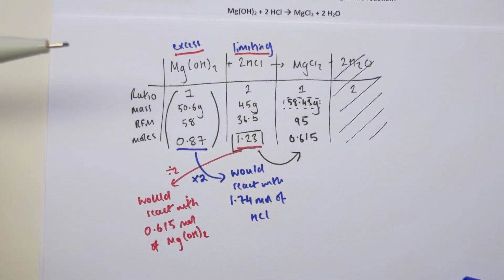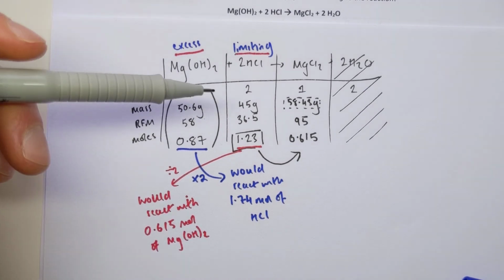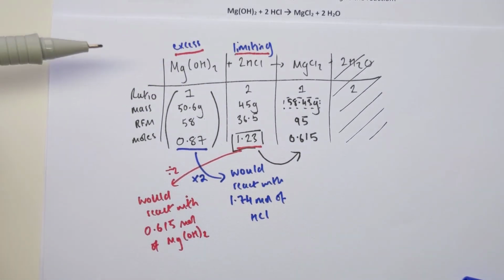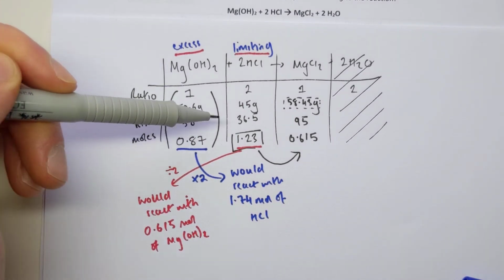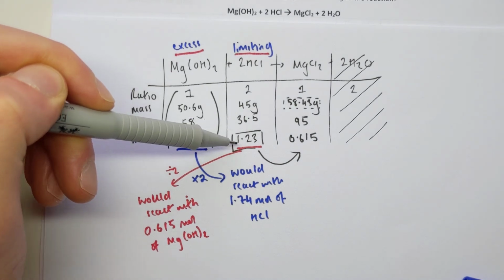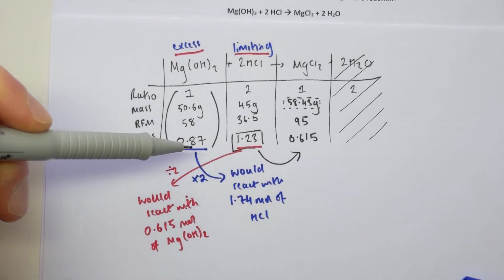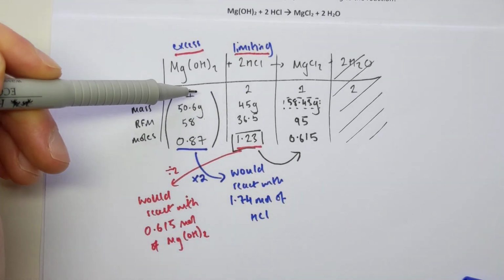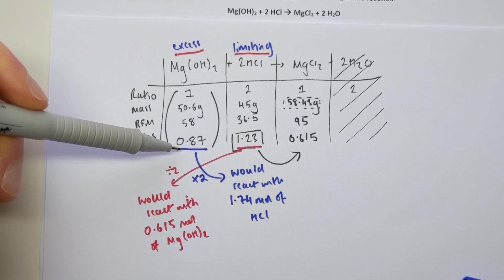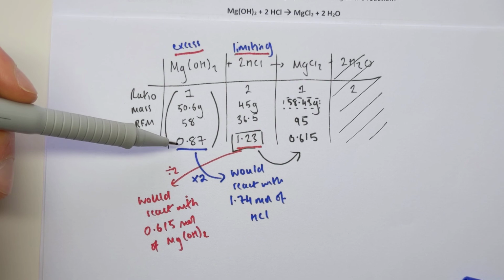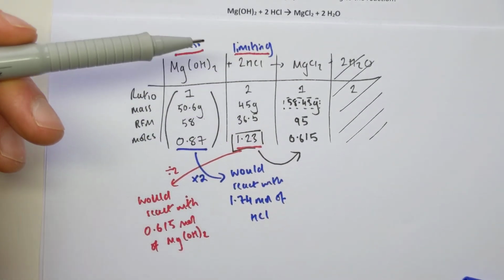One wee exam tip though, just to give you at this point, if you follow the simpler style of limiting reactant question, which is in the previous video, you can still apply it to this if you get stuck. What I mean by that is, if you're happy that you always convert all your masses into moles and pick your limiting reactant, if you find this step hard to talk through by picking which one's limiting, which one's excess, when it's not a 1-to-1 ratio, if in doubt, what I would just say is just pick the smaller one, because even if you pick wrong or guess wrong, you're only going to lose 1 mark for the rest of the calculation because your error gets carried forward.